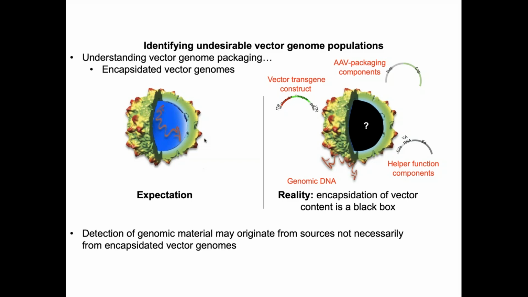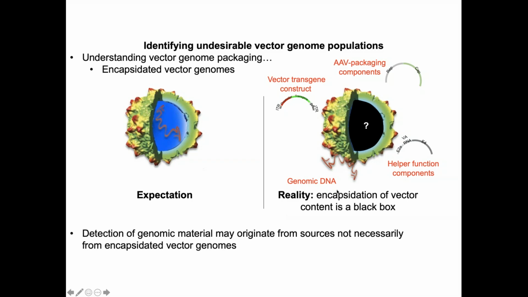And this has been known for a long time, that you can actually get packaging of contaminating DNAs into vectors, and these originate predominantly from plasmids that make up the packaging components, as well as those that serve helper functions. But you can also package genomic DNA coming from the host packaging cell line.